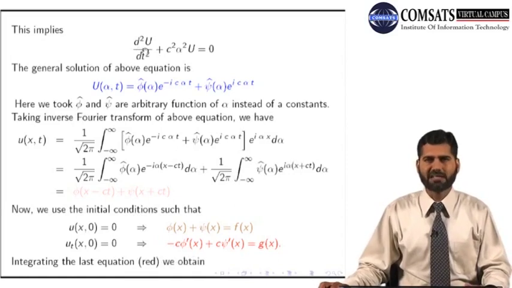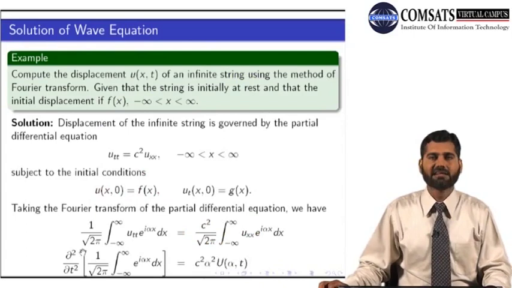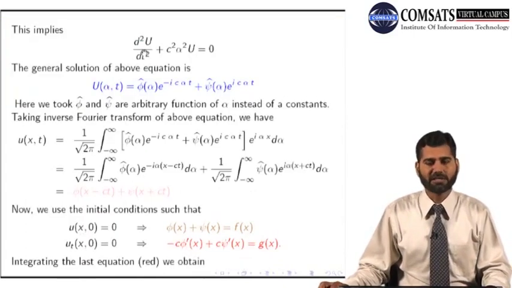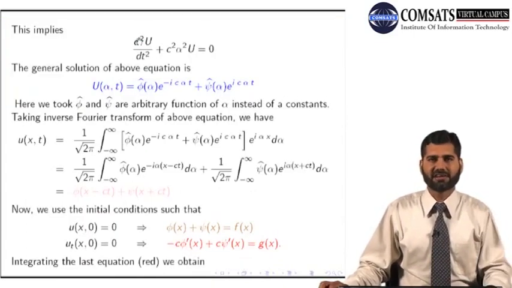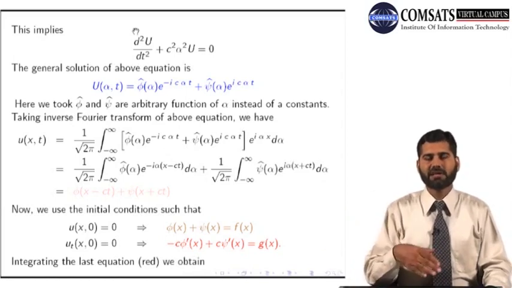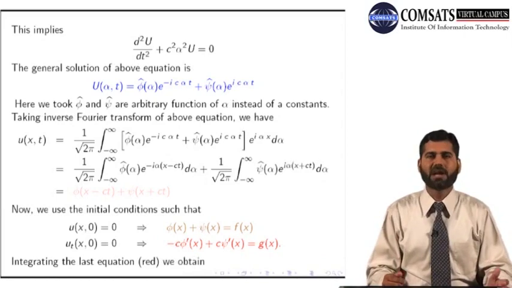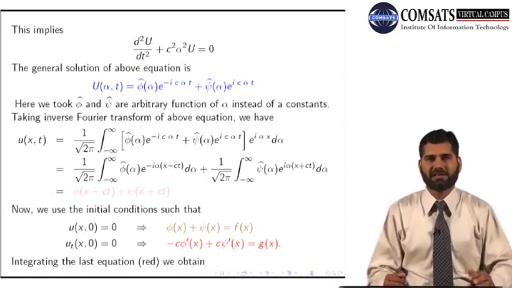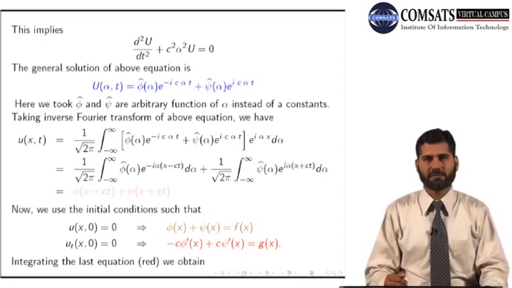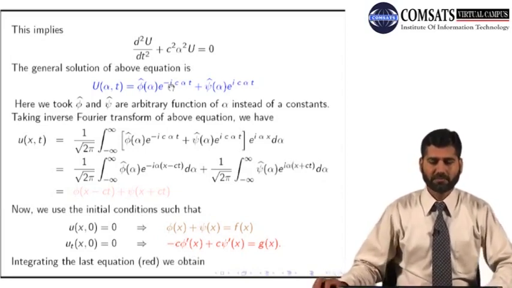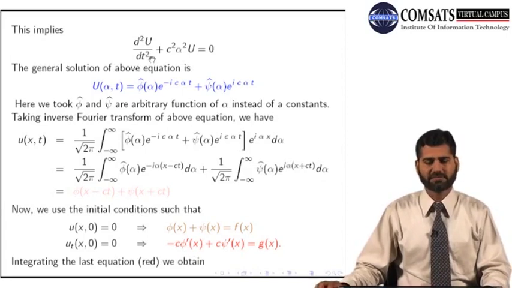And because alpha is a parameter here, we can write this partial derivative as the ordinary derivative for U with respect to t. Now this is a second order. In heat equation, in diffusion equation, in last lecture we got the first order ODE, but now we are getting the second order ODE just because of the second time derivative involved in the wave equation. Alright, so what will be the general solution then?